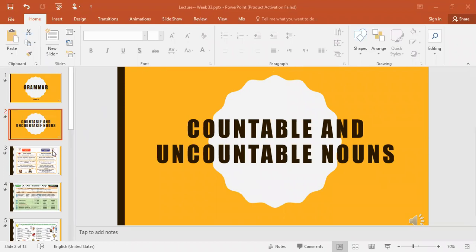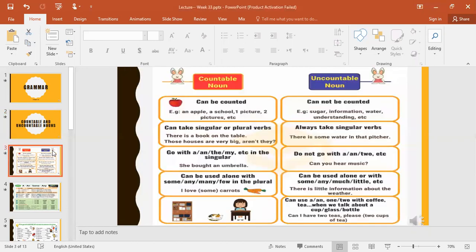Now, we are going to move to this chart, which is very important. This chart shows the difference between countable and uncountable nouns in many different ways. First of all, let's see the first difference.